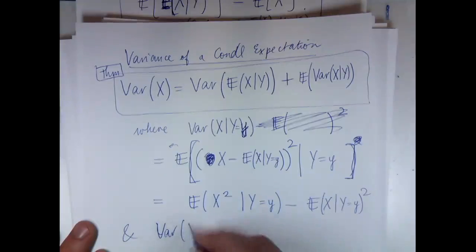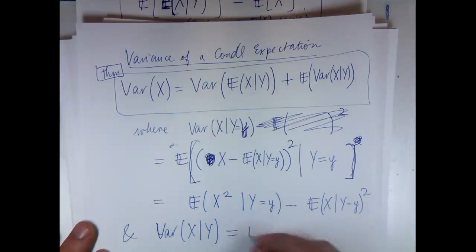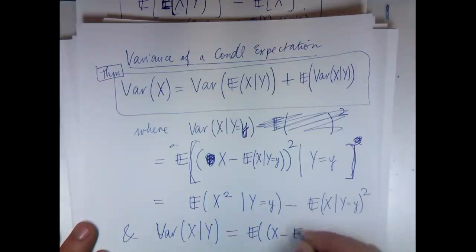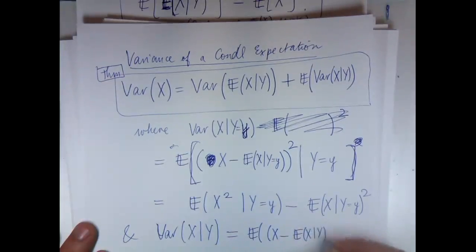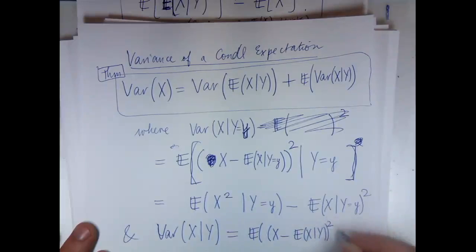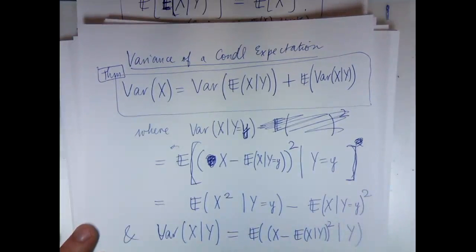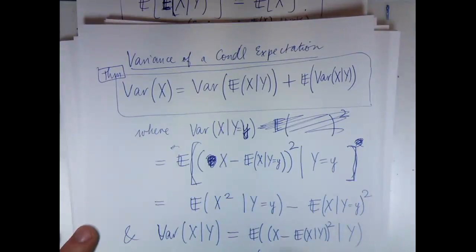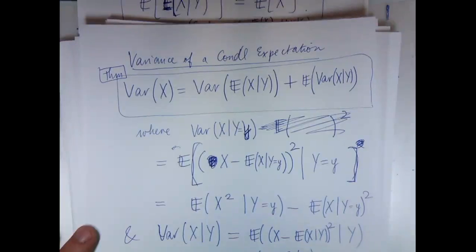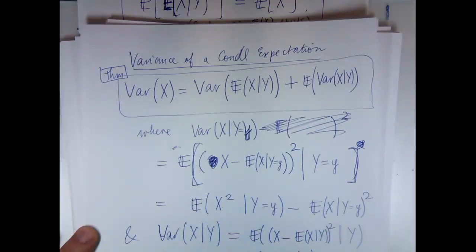The variance of x given y is the same thing with a random variable involved: the expected value of x minus the expected value of x given y, squared, given y. Of course, the calculation formula tends to be second moment minus first moment: the expected value of x squared given y minus the expected value of x given y, squared.